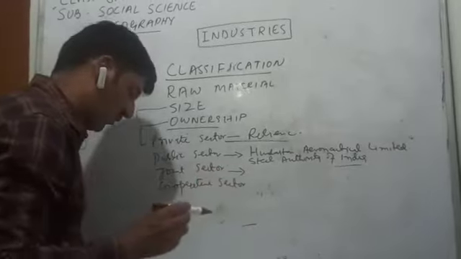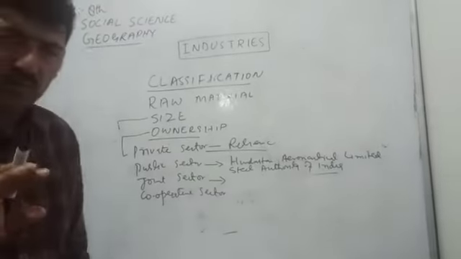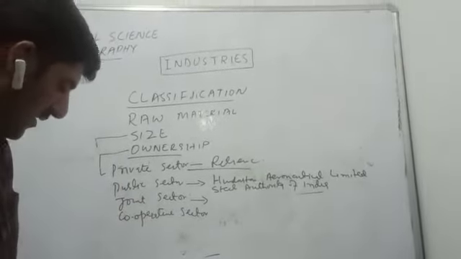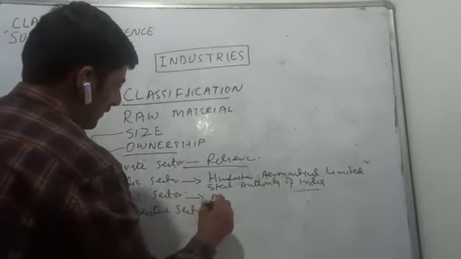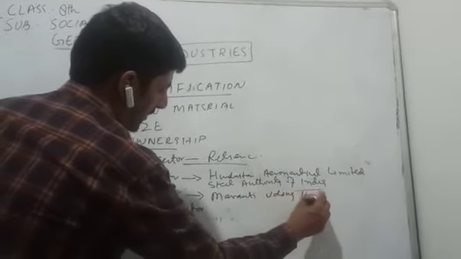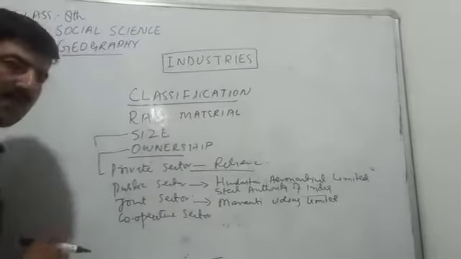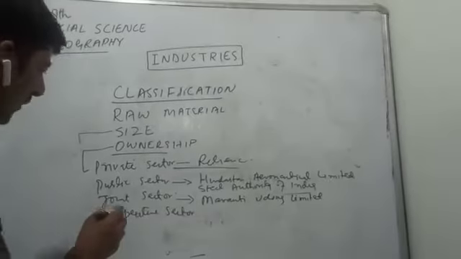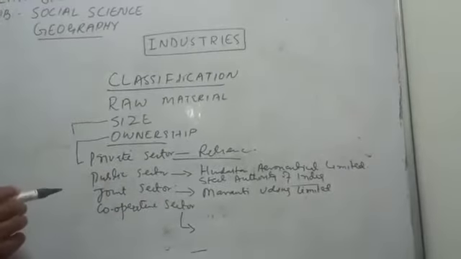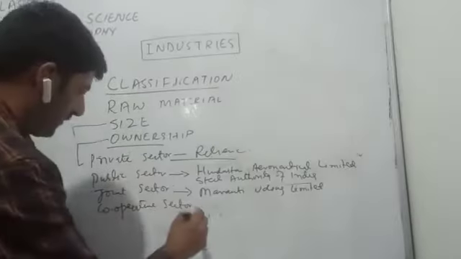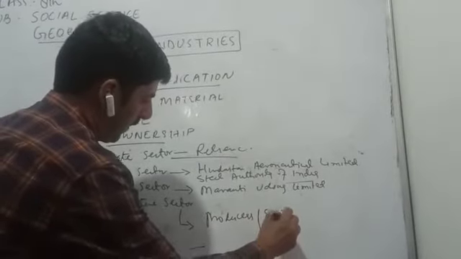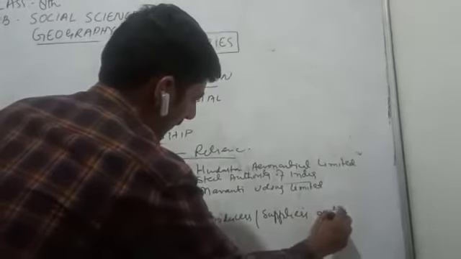Now joint sector. Joint sector industries are those industries which are owned and operated by both government as well as private individuals or group of individuals. For example, Maruti Udyog Limited. Now cooperative industries are those owned and operated by producers or suppliers and workers.